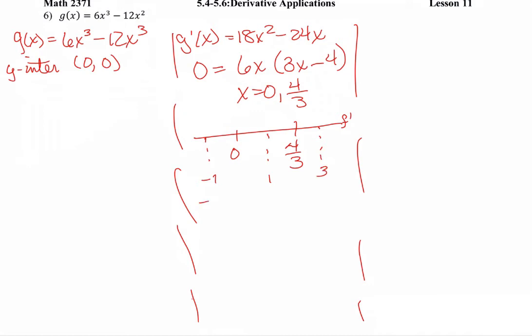Negative. Okay. 6 is positive. 1 is negative. And that's negative. Positive, positive, negative. That's negative. Positive, positive, positive.